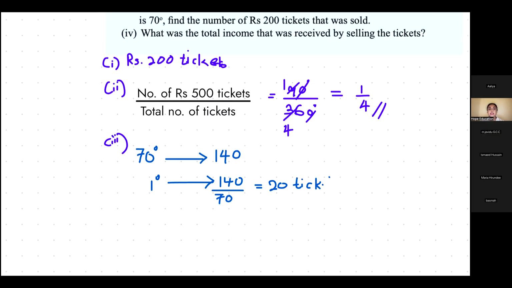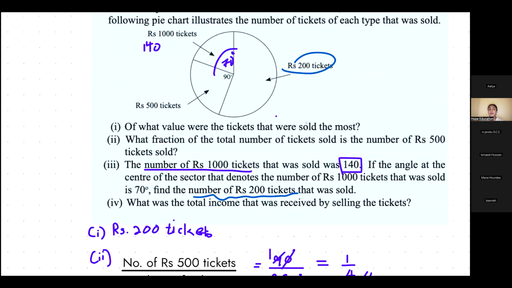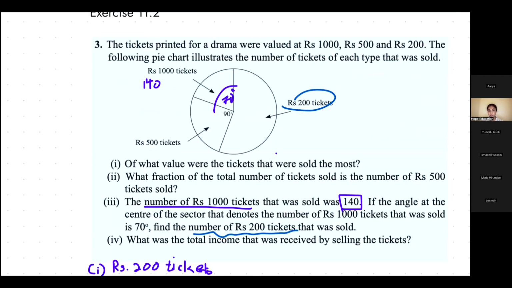They are asking the number of 200 rupee tickets. Unfortunately, here we don't know the angle. Is there a way for us to find the angle here?